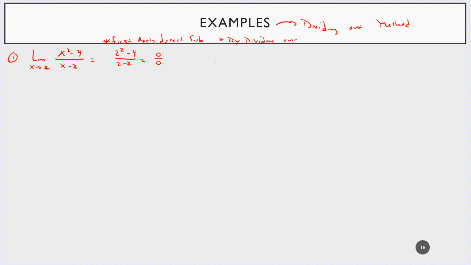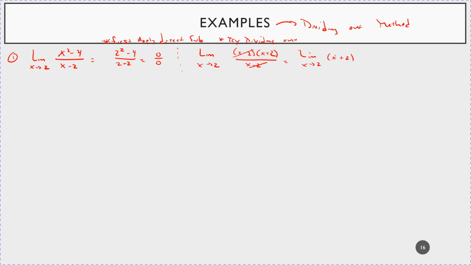The key is to factor the numerator. You see that x squared minus 4 is a difference of two squares, so it factors into x minus 2 times x plus 2, over x minus 2. Now look what happens: they cancel out, and you're left with the limit as x goes to 2 of just x plus 2.